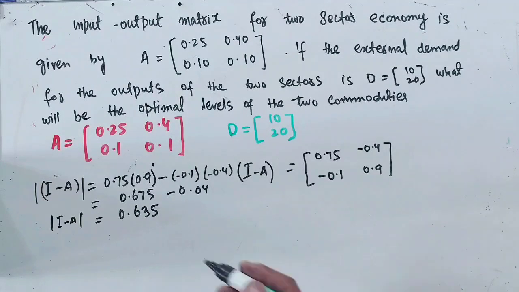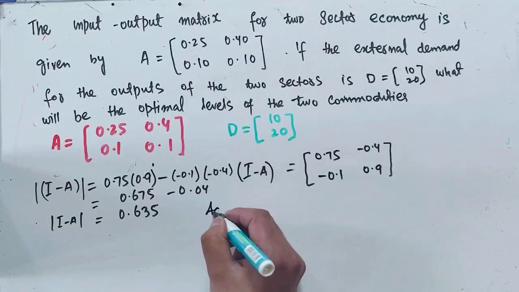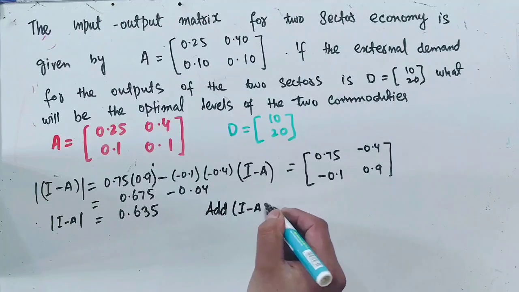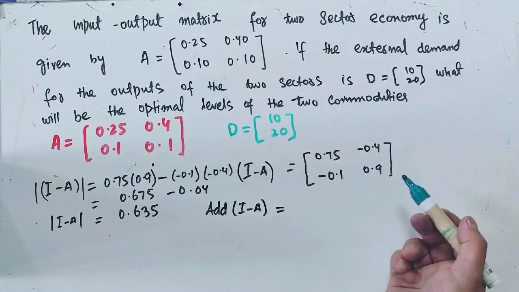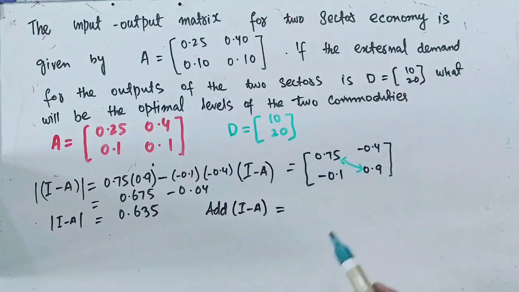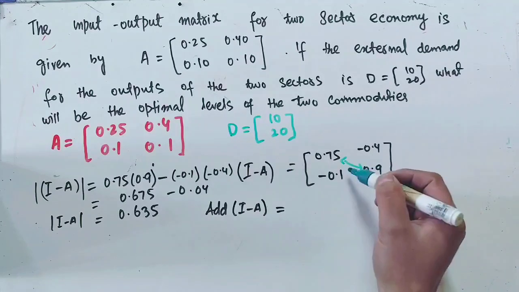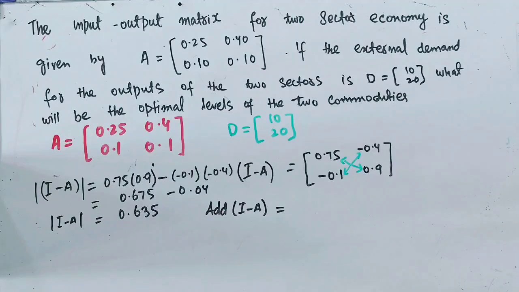Next step will be to find out the inverse of this matrix. For that, first we need to find out the adjoint of this matrix. So adjoint of the Leontief matrix, that is I minus A. So how do we form the adjoint in case of 2 cross 2 matrices? We interchange the elements that are on the principal diagonal, and we change the sign of the non-principal diagonal elements.